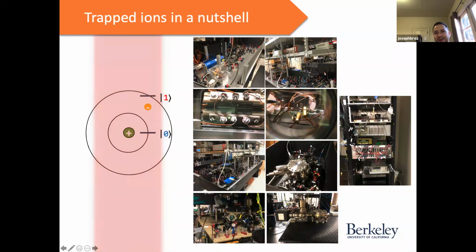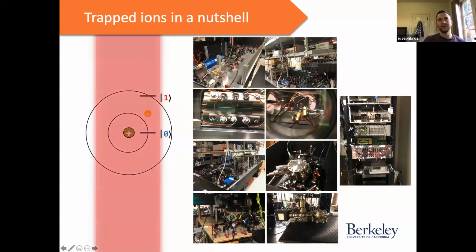So quantum computing is a lot more accessible than you might think. And here's a stack of our electronic controls. Here's this ULE cavity that we use to stabilize our lasers. Here's another picture of a vacuum chamber, so the ion chip would actually sit somewhere inside of there. And this is a general picture of an optical table and all the different things that we do to control the lasers that we use to actually talk to the ions.